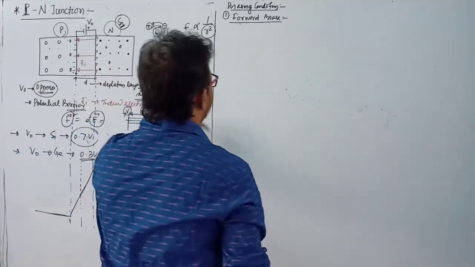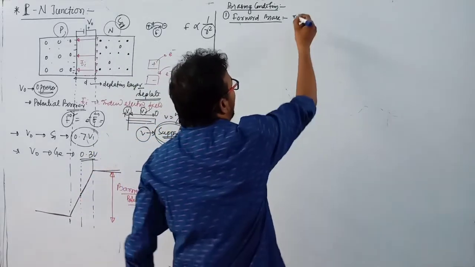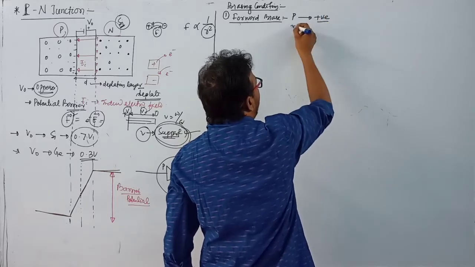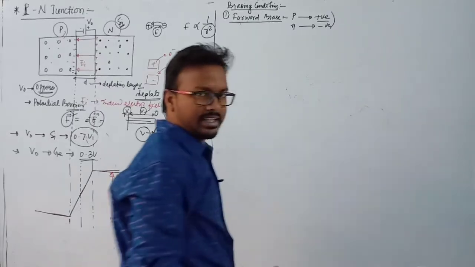Clear? So what is forward bias? You have to remember one thing here. Forward bias means we have to use the p-type semiconductor with positive potential and the n-type semiconductor with negative potential. This is known as the forward bias case.